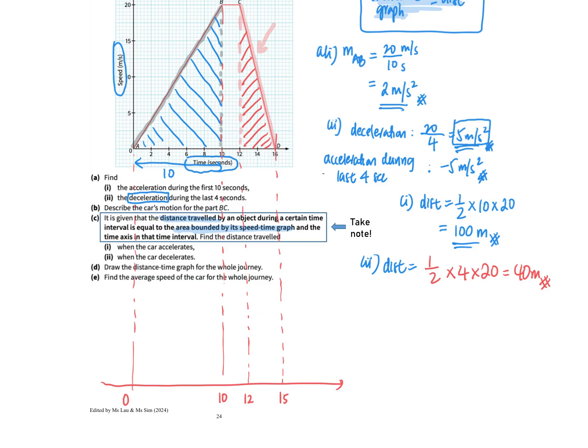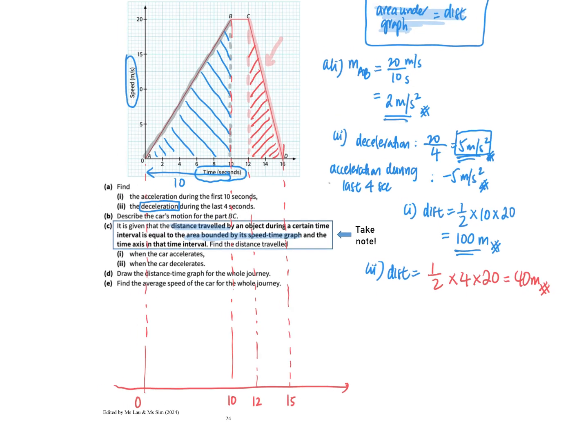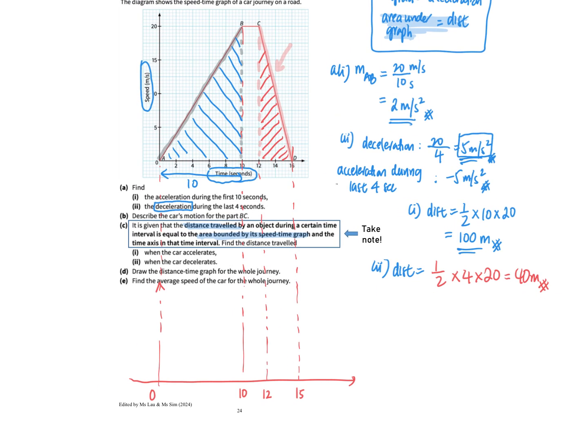So first thing first, this is your vertical axis. This is distance, this is time. For the acceleration, the distance traveled is 100 meters. So at the end of 10 seconds, your end point must be at 100. And you started off with distance 0.